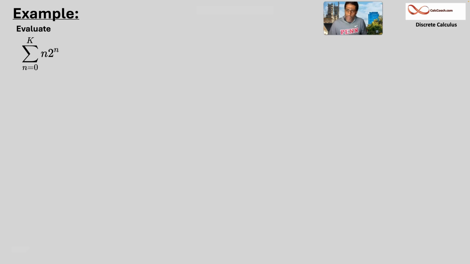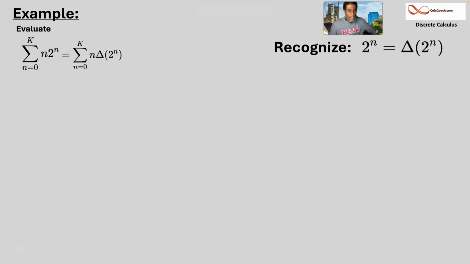Example number 1: we're going to multiply n times 2 to the n, from 0 up to k. The first thing we see is an n and a 2 to the n. 2 to the n we can recognize for sure, knowing that the forward difference on it is itself, and we won't have any trouble taking the forward difference of n.